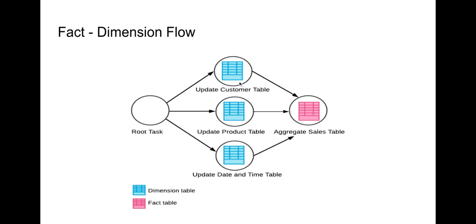All the dimension tasks will be executed first before the aggregate or fact table task is executed. In data warehousing, we need to execute dimension tables first before we actually populate the fact table. And this represents a practical example of a data warehousing flow.